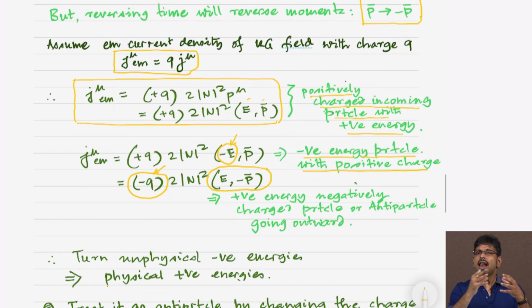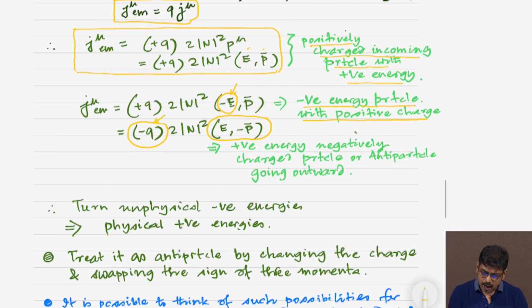So, what happens? This little rearrangement makes the previous expression say that it is a positive energy particle having negative charge and having opposite momenta, which is moving backward or going outward. If that was the incoming particle, this particle must be going outward, or rather we say that this is the antiparticle which is going outward.